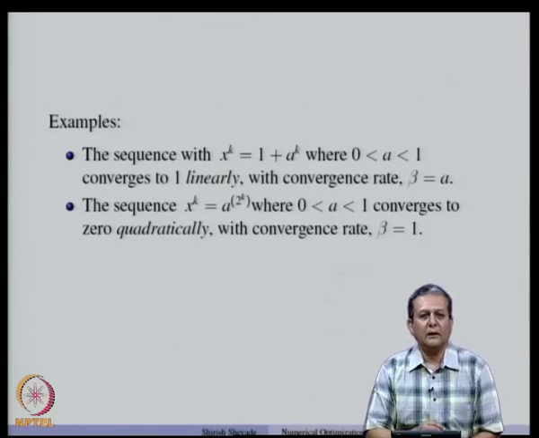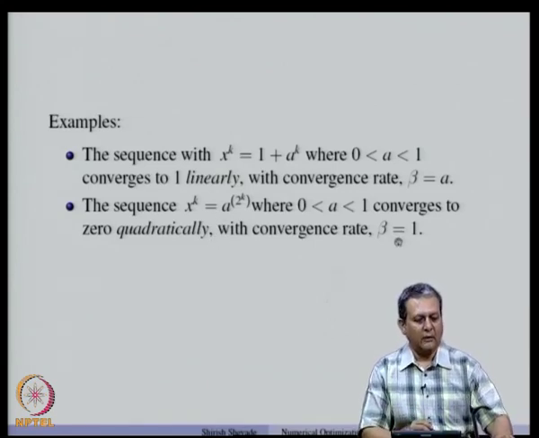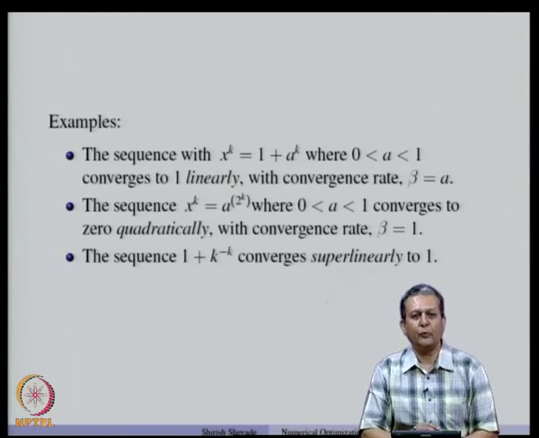On the other hand, if we take the sequence xk equal to a to the power 2 to the power k, where again a is a positive fraction, this converges to 0. In the limit as k tends to infinity, xk goes to 0 quadratically with convergence rate beta equal to 1. And here is an example of a superlinear convergence.